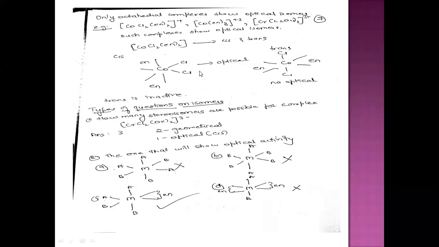It is experimentally found. When a cis isomer is passed through plane polarized light, it changes the direction of the plane polarized light to the right side. That's why the cis isomer of any octahedral complex is active, whereas the trans isomer is inactive. So if they give an octahedral complex and ask which form is active, you should write cis form is optically active, whereas trans form is optically inactive.